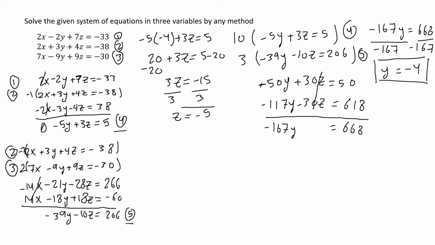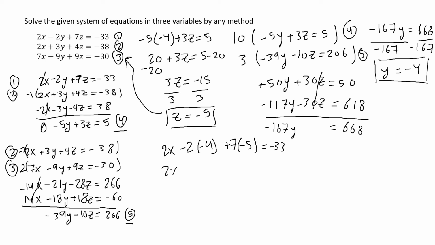So now I have y and z. I just need to find x. I can use any of these three equations to find what x is equal to. For example, we can use the first one. So we have 2x minus 2 times y, which is negative 4, plus 7 times z, which is negative 5, and that's equal to negative 33.